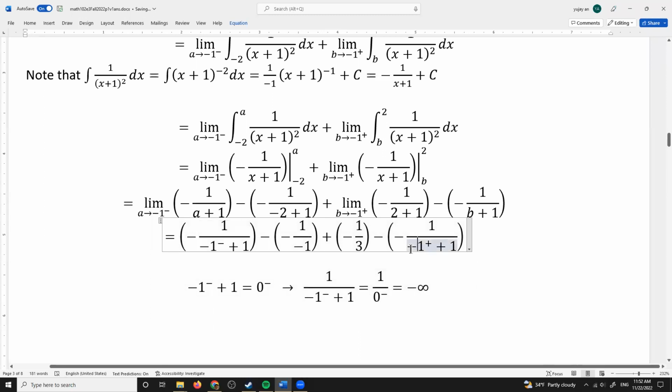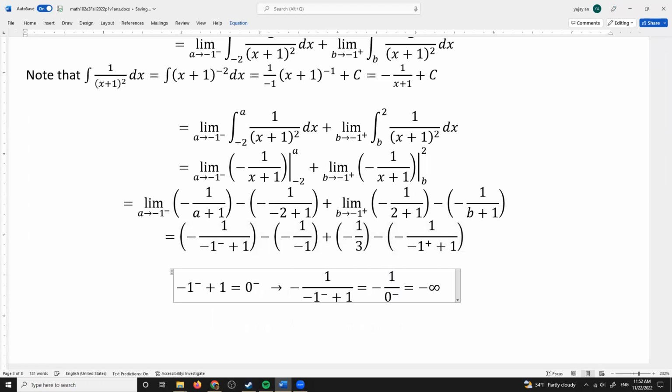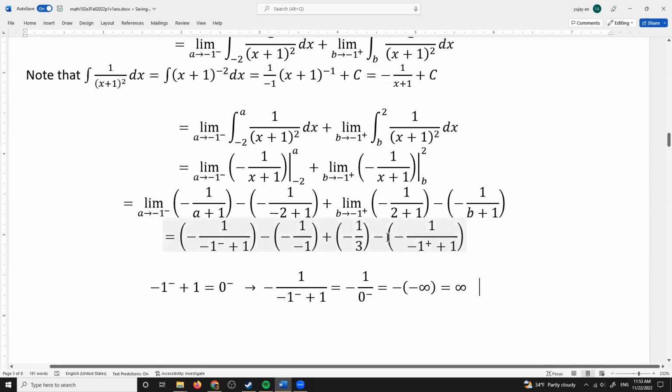Now in the same way, well, let's include the minus sign as well. Minus. This will be minus of -infinity, which is +infinity. Okay, so in the same way, this bottom here this time will be 0 plus.